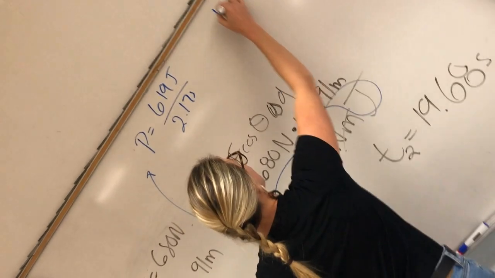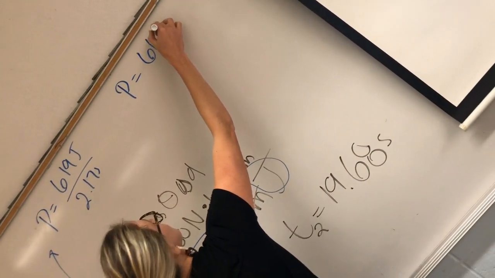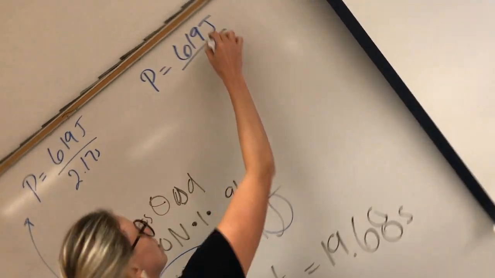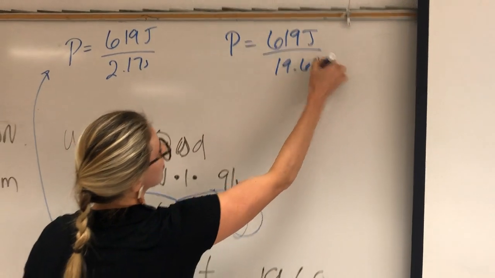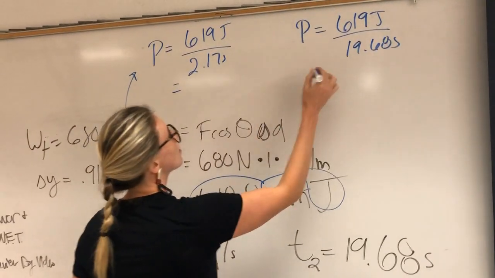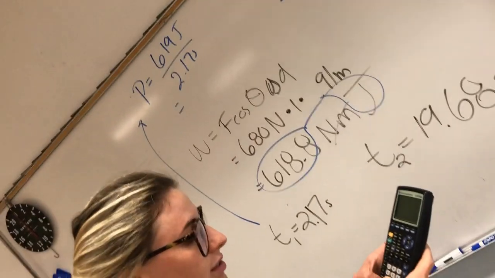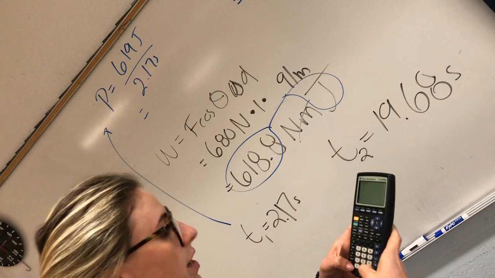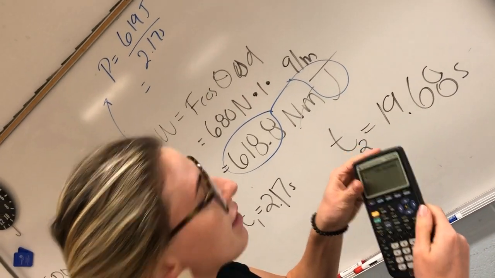Okay, I'm just gonna set up my second one over here. Same work, same me. This time, 19.68 seconds. And we've got 619 divided by 2.17, and I get 285.